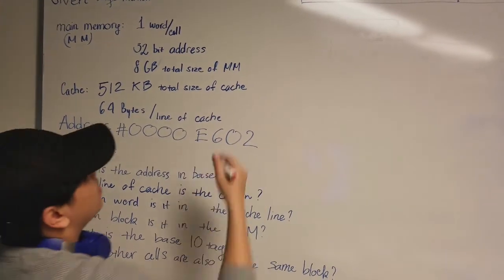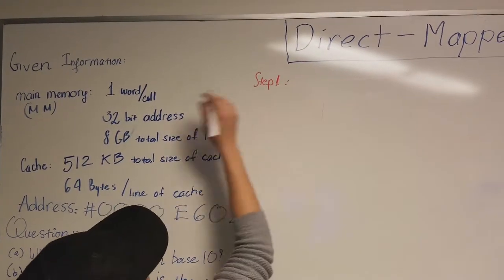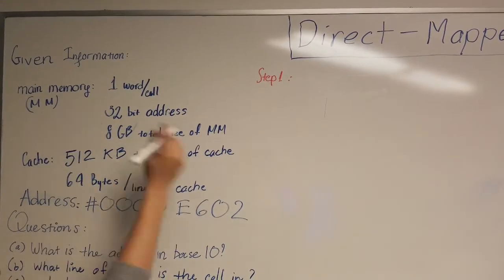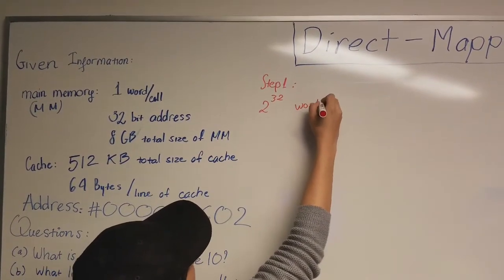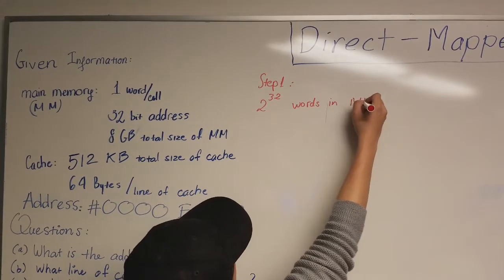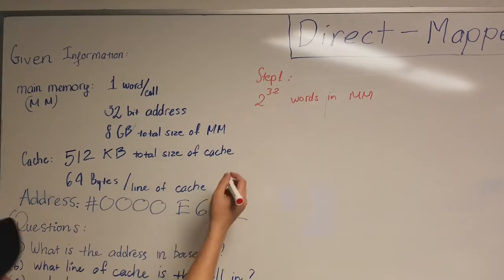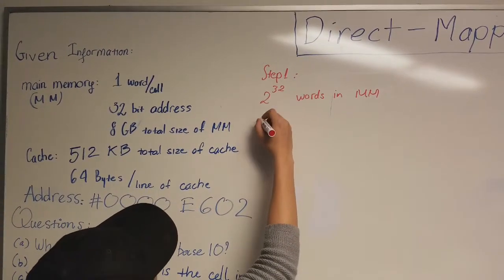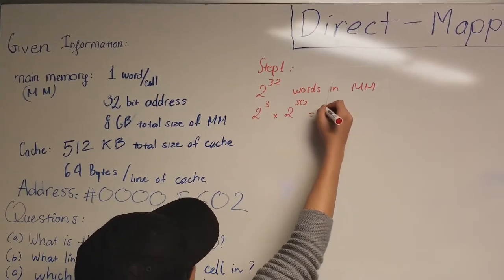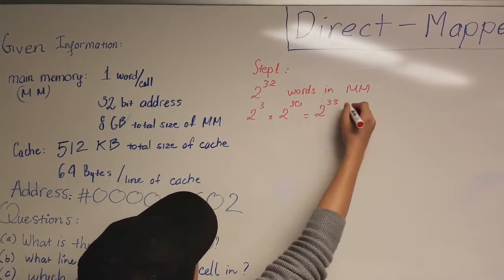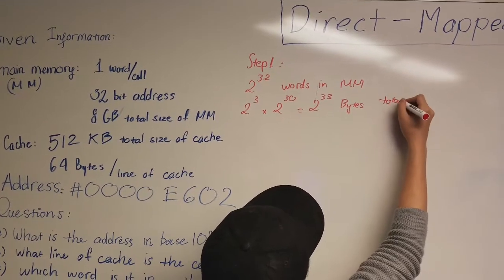So step 1: we have a 32-bit address in memory, which means we have 2 to the 32 words in memory, and we have 8 GB total size of memory, which means 2 to the 3 times 2 to the 30, which equals 2 to the power of 32 bytes of total main memory.